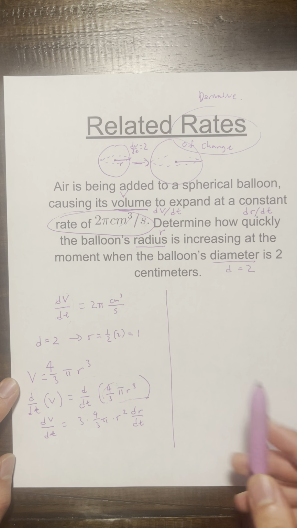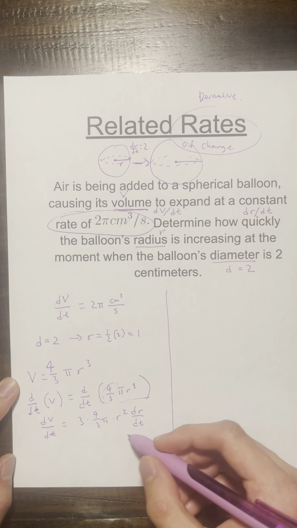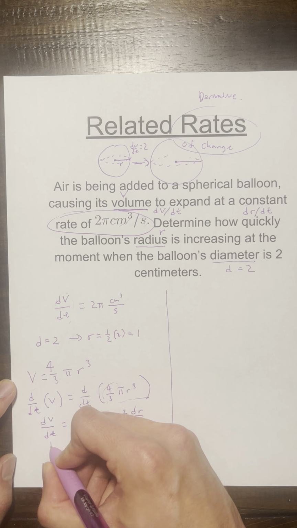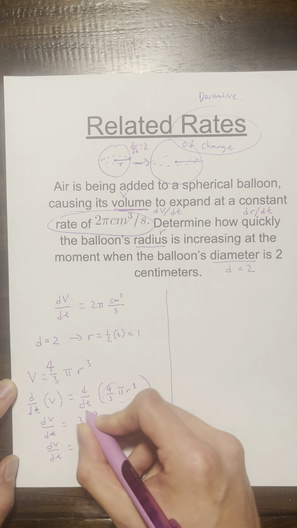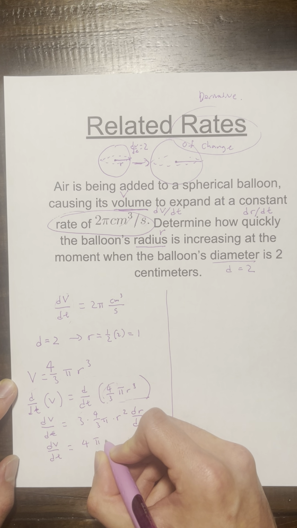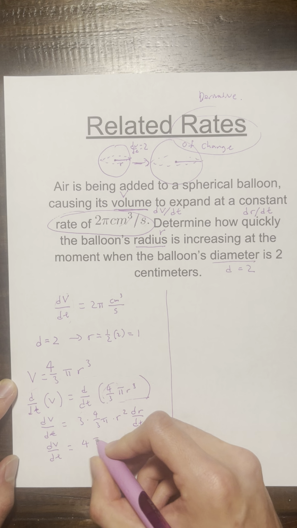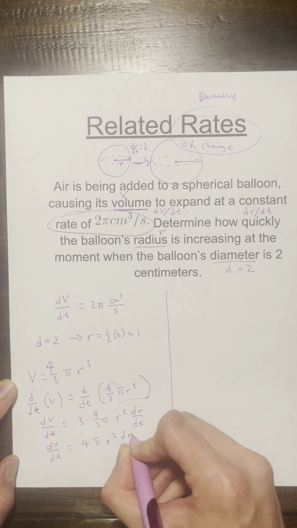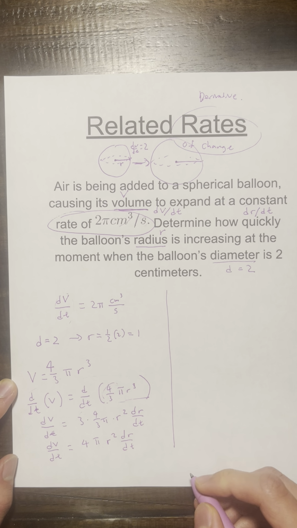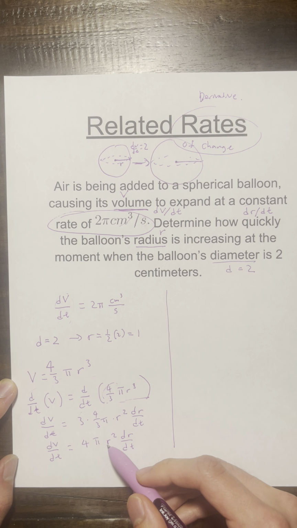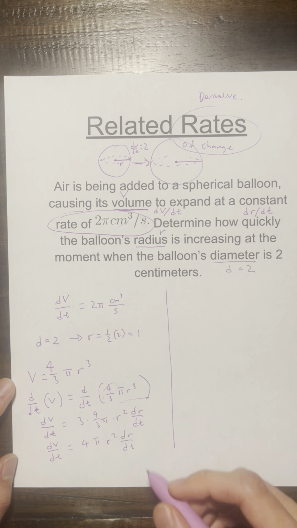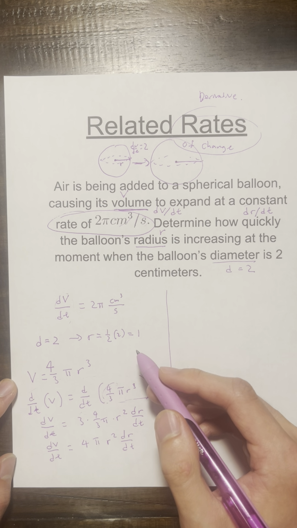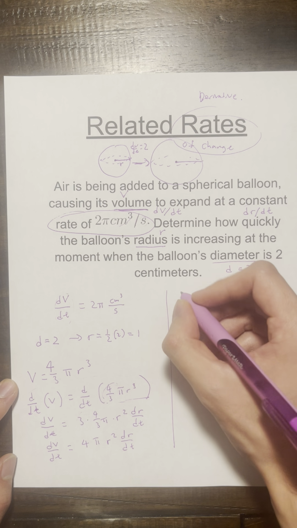So what does this simplify as? 3 times 4/3 is 4. So 4 pi times r squared times dr/dt. Now, what did we say that r was again? r is 1.